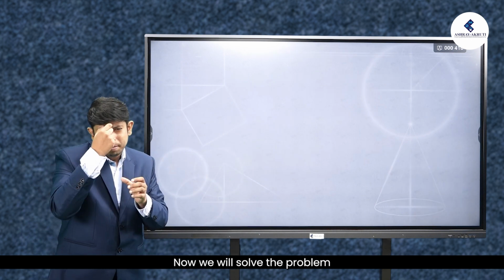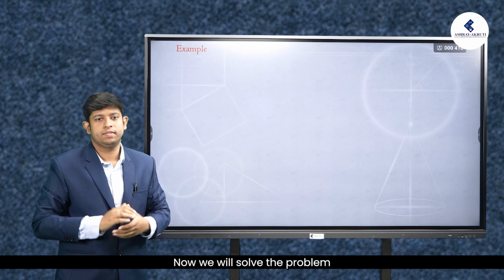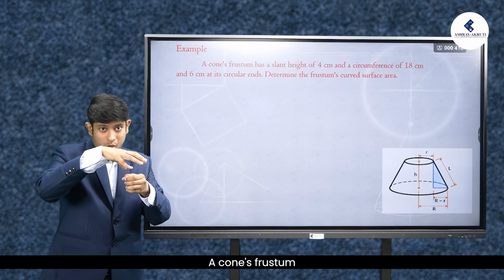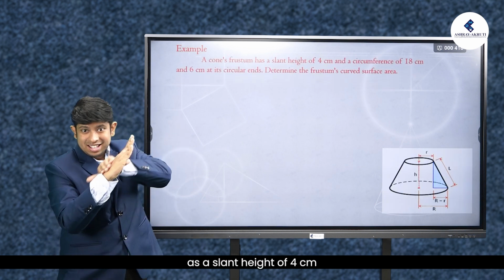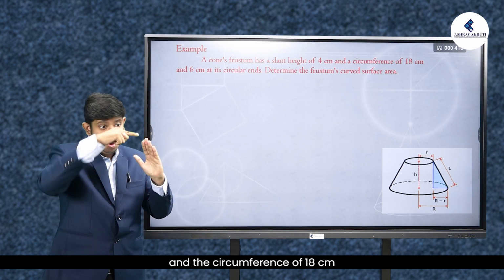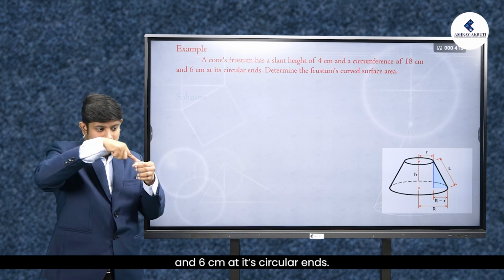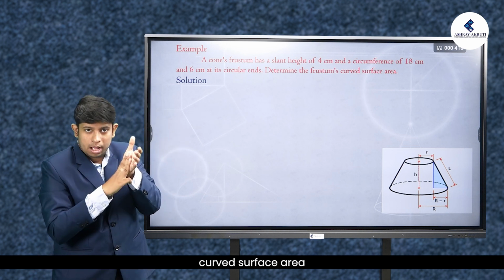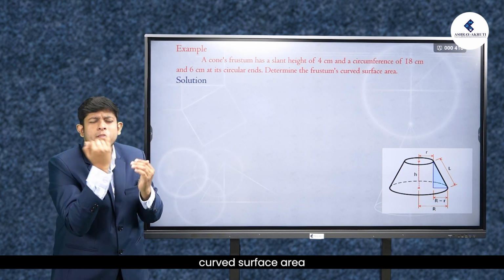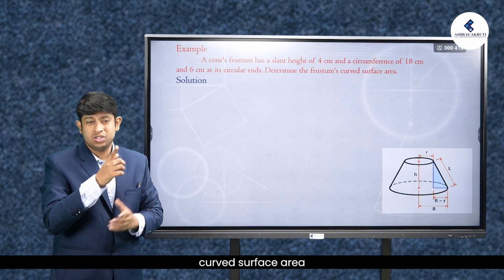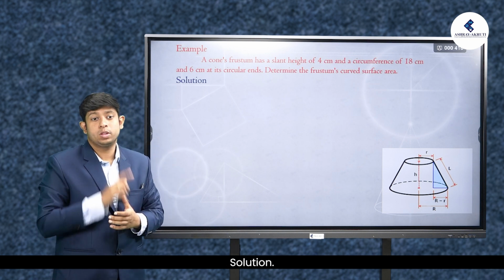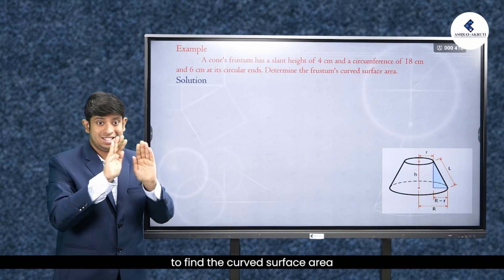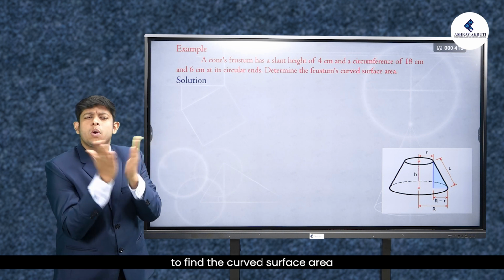Now we will solve a problem. A cone's frustum has a slant height of 4 cm and a circumference of 18 cm and 6 cm at its circular ends. Determine the frustum's curved surface area. Solution. In this question, they have asked to find the curved surface area.